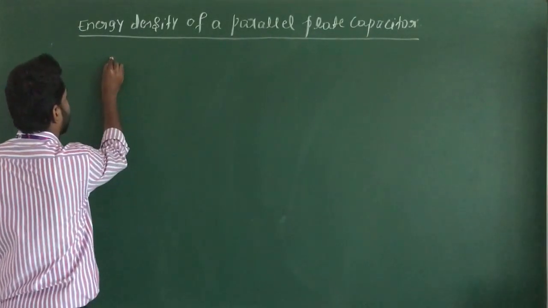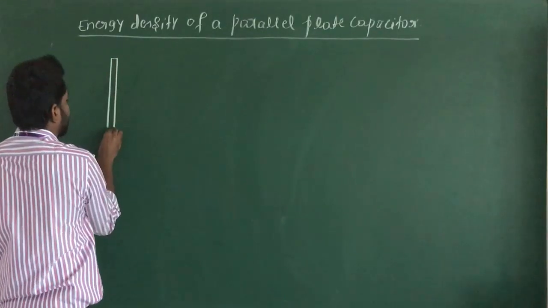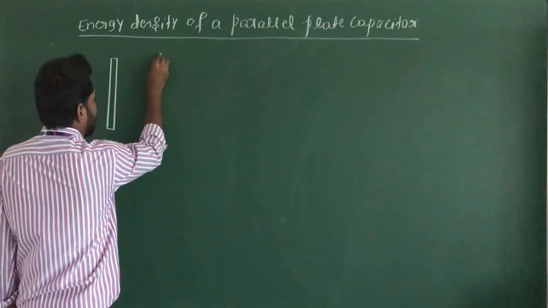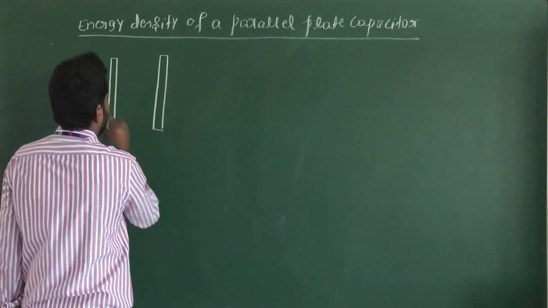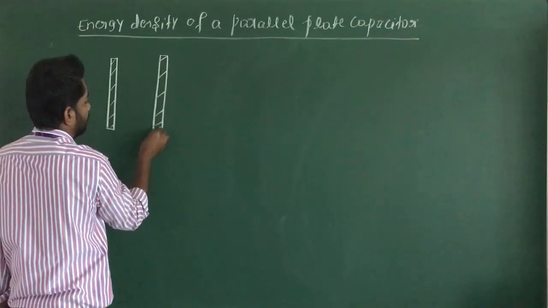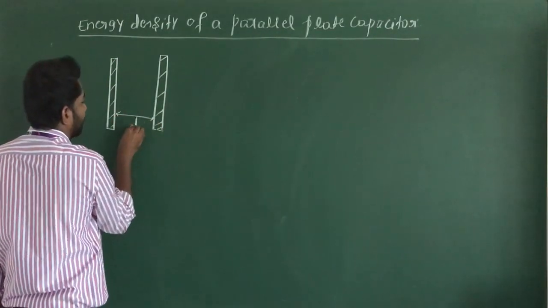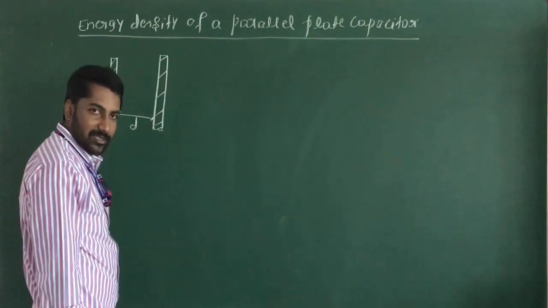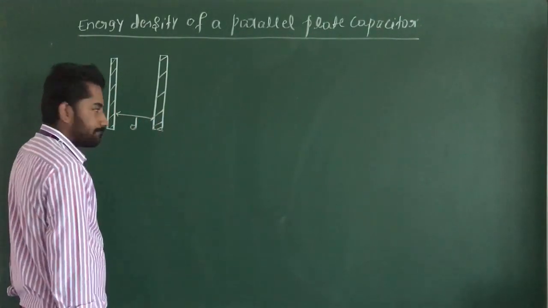Here, consider the parallel plate capacitor. This is the parallel plate capacitor, and the distance between these two plates is d. It is a capacitor, two plates separated by a small distance with a medium.